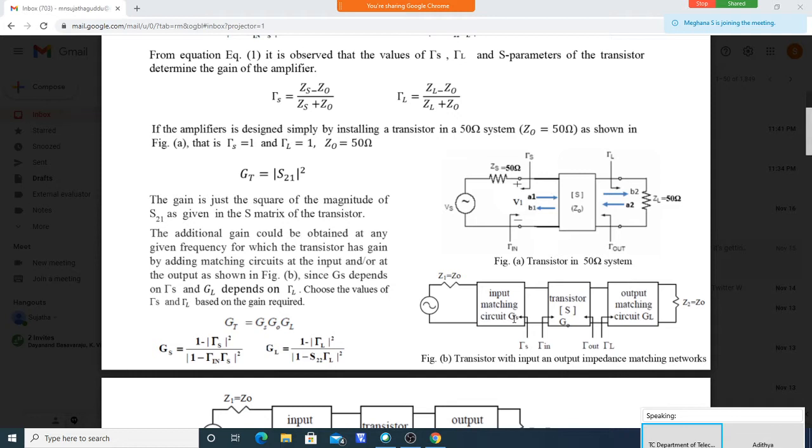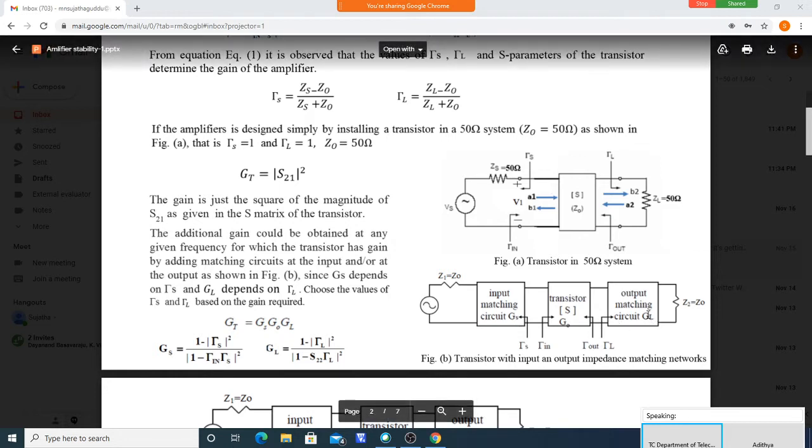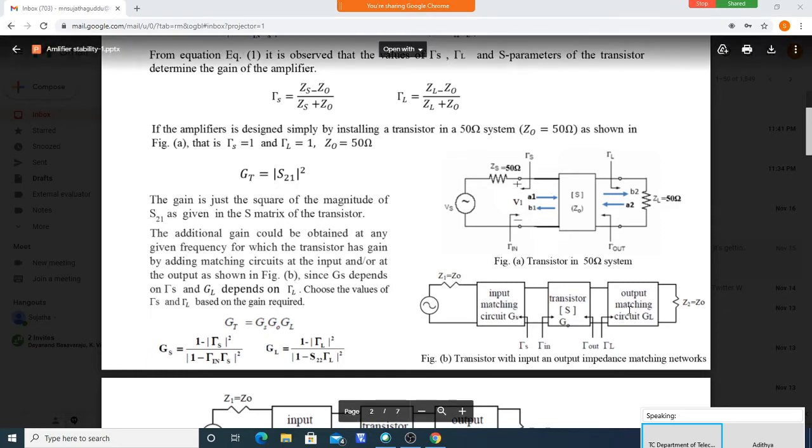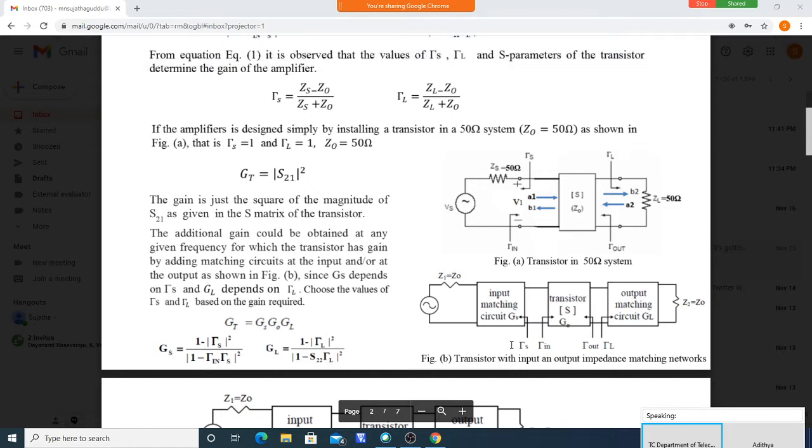You can get a gain of 2 dB for many values of ZS, and all those values lie on a circle called the constant gain circle. Similarly, constant output gain circles are there, and you can take any one value over that. So we were discussing how to choose a value of ZS to get a particular gain here and here.